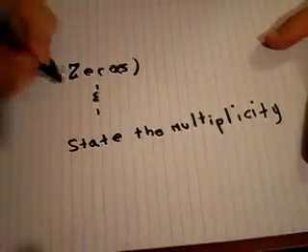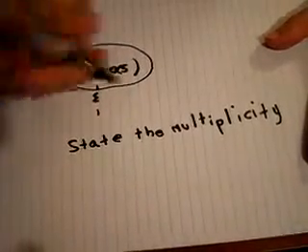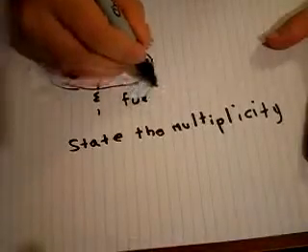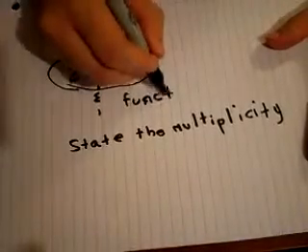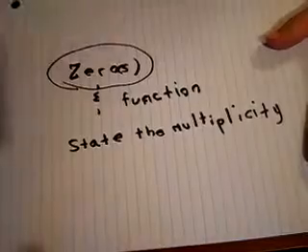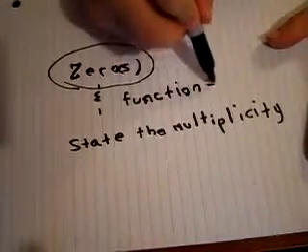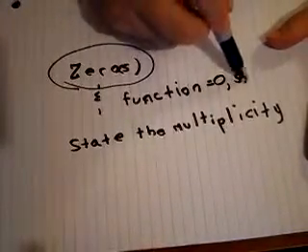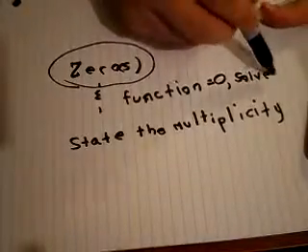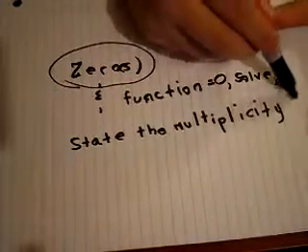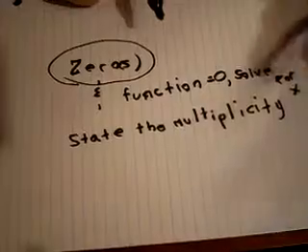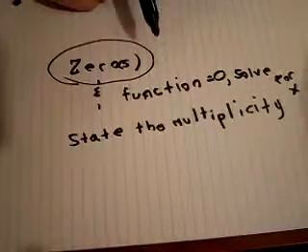Alright, remember, when you're finding your zeros, you're setting your entire function equal to 0, and you solve for x. Well, you solve for the variable in the original formula anyway.